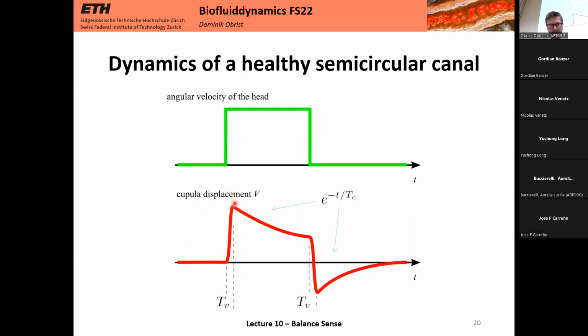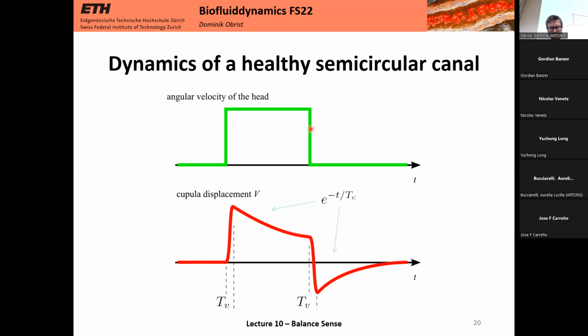What happens in between here? So here we have a constant velocity, but the deflection of the cupola slowly decays. Why is that? The cupola has been displaced. We're in a situation where we're just rotating our head at a constant velocity, but the cupola, which is an elastic thing, is slowly, slowly pushing back. And that's exactly what we see.